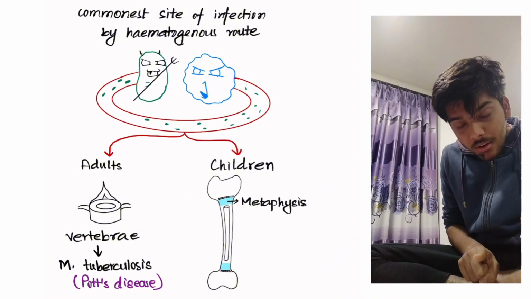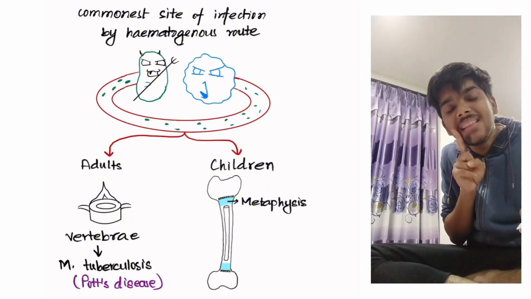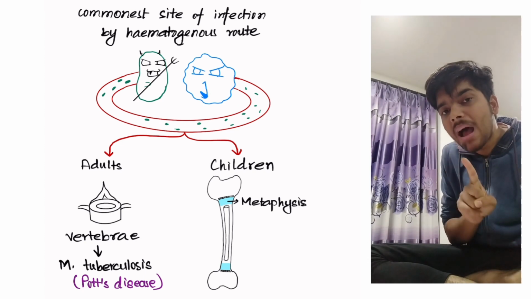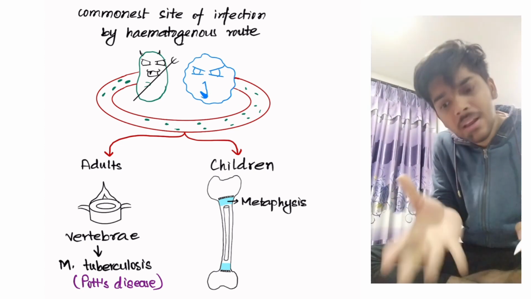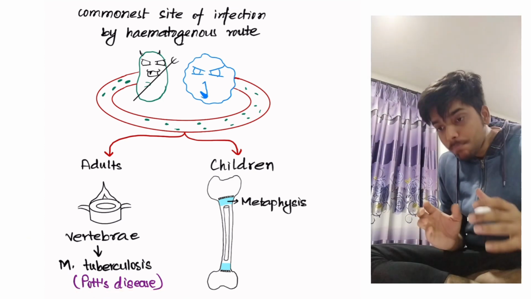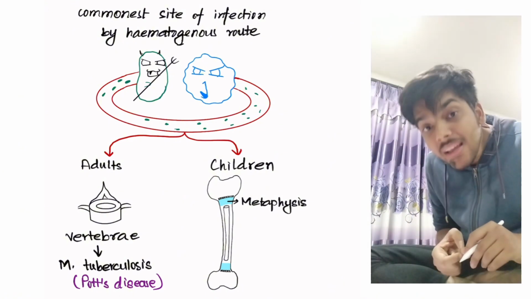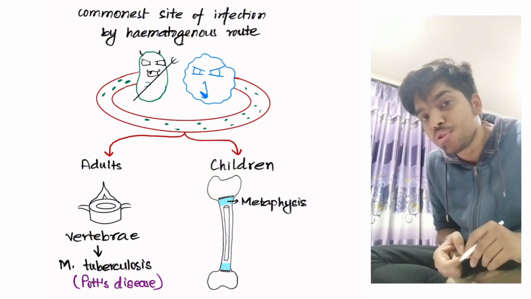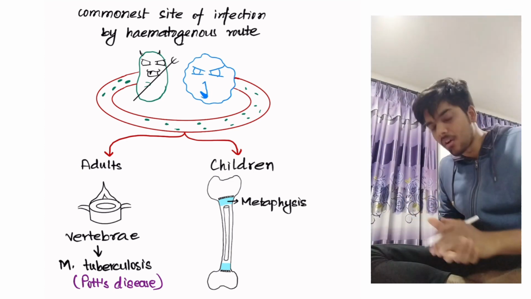In the spine, the bacteria cause the tuberculosis of the spine, and this is called spine tuberculosis. This has been given a special name of its own, and it's called Pott's disease. Spine tuberculosis or Pott's disease is characterized by spine osteomyelitis. So that's how spine osteomyelitis is caused.